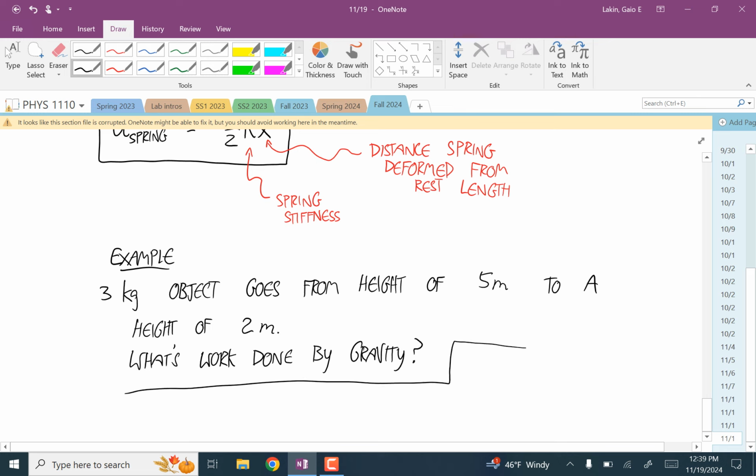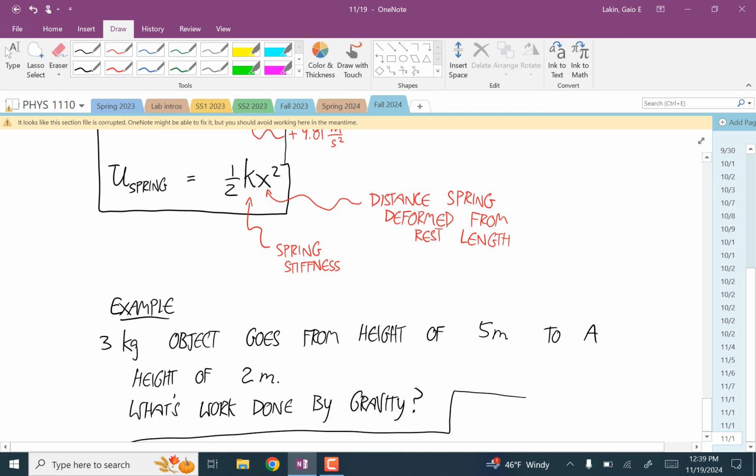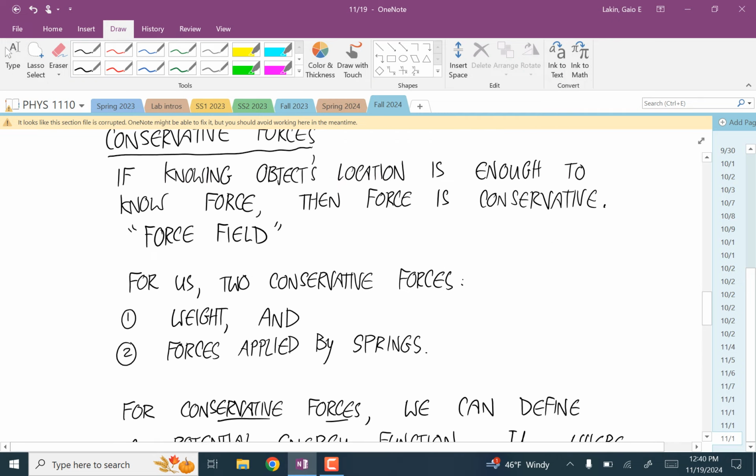Anyone remember doing this problem a couple classes ago? Do you remember what we did to calculate this before? What equation we used? So before we were able to use this one.